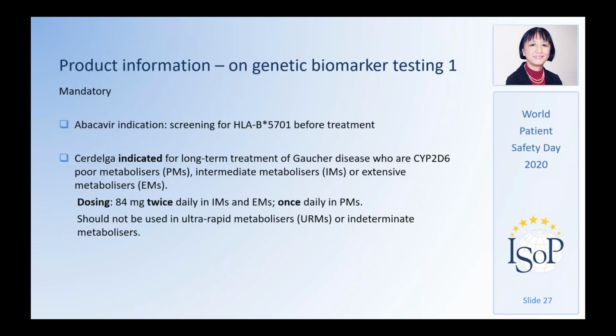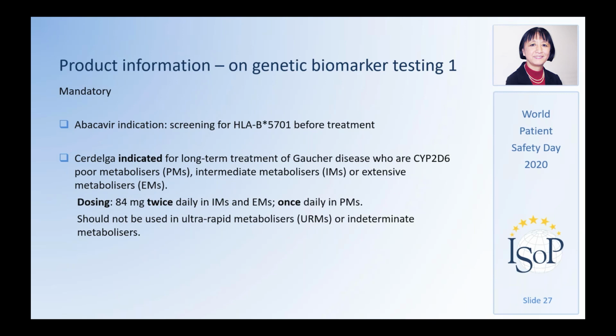So here is an example of product information regarding genetic biomarker testing. There are 2 examples where genomic testing is mandatory. The first example is abacavir, which is indicated in patients with HIV infection.